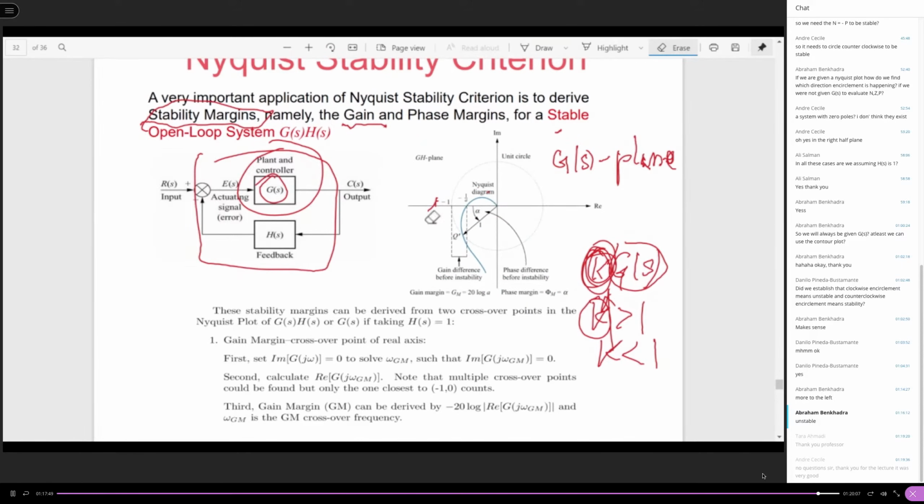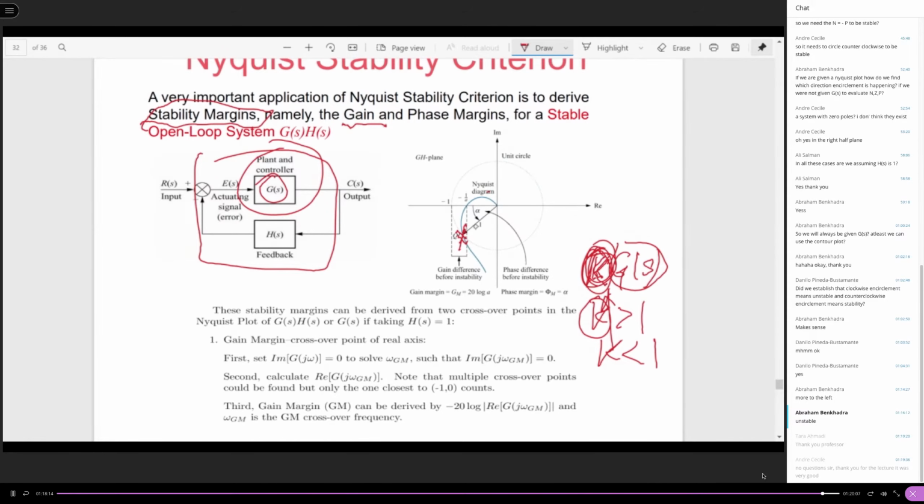So the other simple factor is, let's see if we use a K to multiply K G of s. Let's see how this K is going to affect this crossover point. Like what I said, the K does not change the phase.